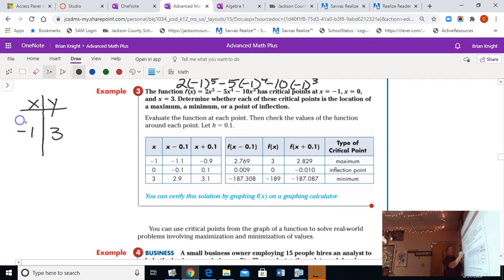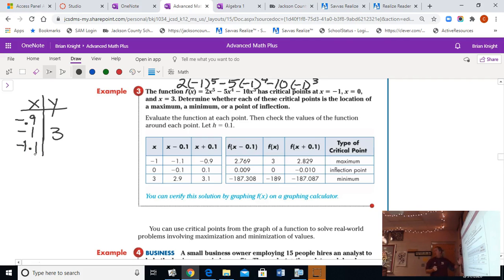I'm going to put -0.9, which would be just to the left, right? Okay? What's just to the right? -1.1. And I actually said those backwards. Okay? -1.1 would actually be to the left. And -0.9 is actually to the right. Okay? So plug -0.9 in.